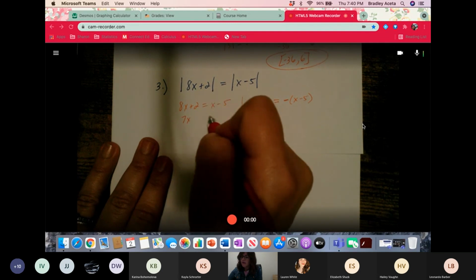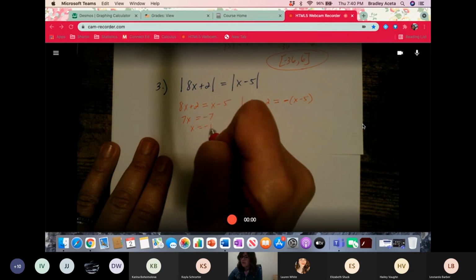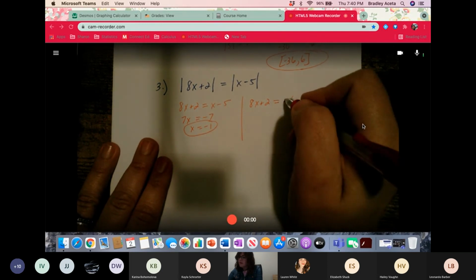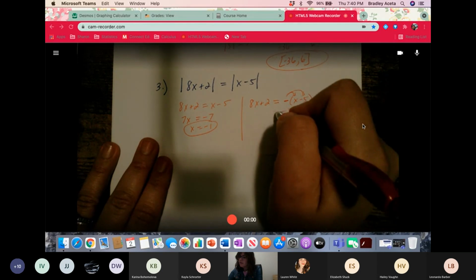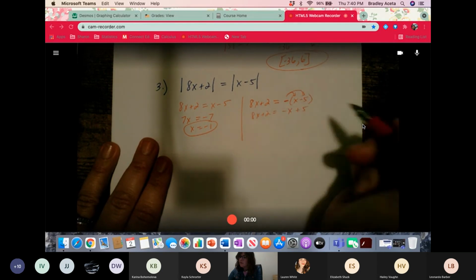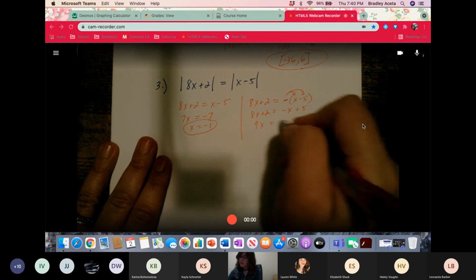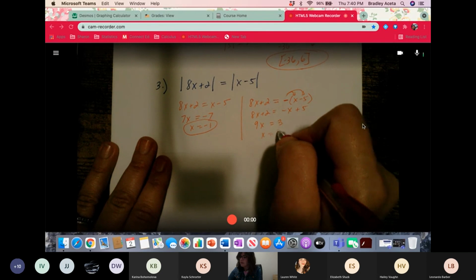We'd have 7x equal to negative 7. X is negative 1. This side will distribute negative x plus 5. And let's see, we'll add x over, so it'll be 9x, and then minus 2 over would be 3. So x is a third.